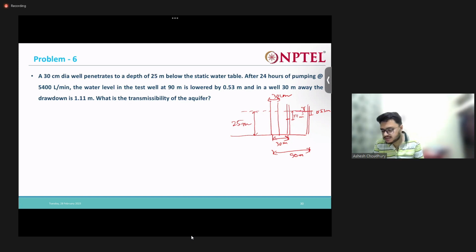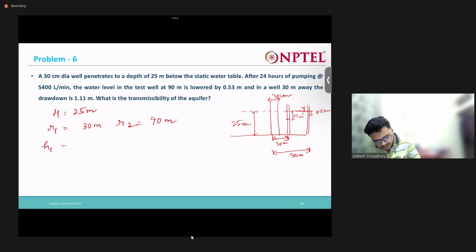Okay, so now let us first write all the values, right? My total depth is 25 meter. R1 is 30 meter, R2 is 90 meter.